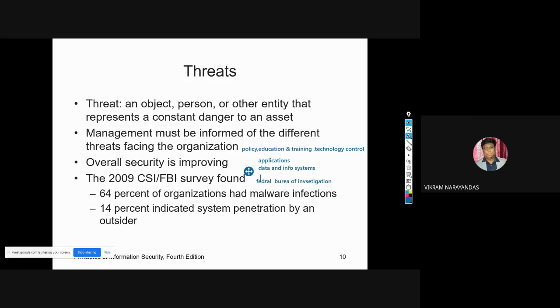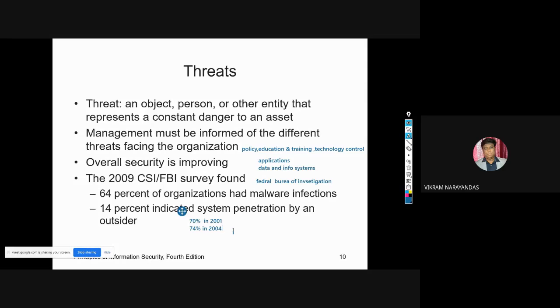The number of attacks that came across the internet was 70% in 2001 and 74% in 2004.